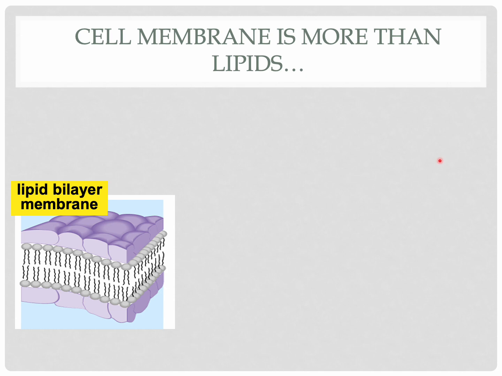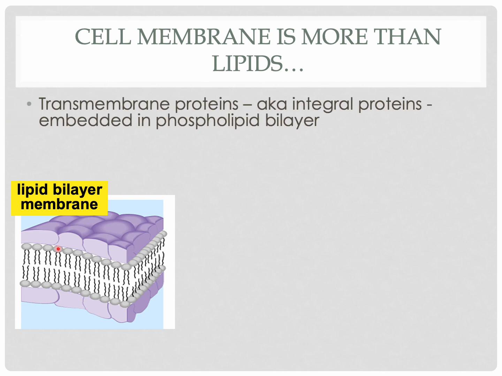There's more to the membrane than just the lipids. You do have the lipid bilayer, the two layers, but there are transmembrane proteins, in other words, those integral proteins that are embedded in the phospholipid bilayer. They create semi-permeable channels, so substances are able to pass through.